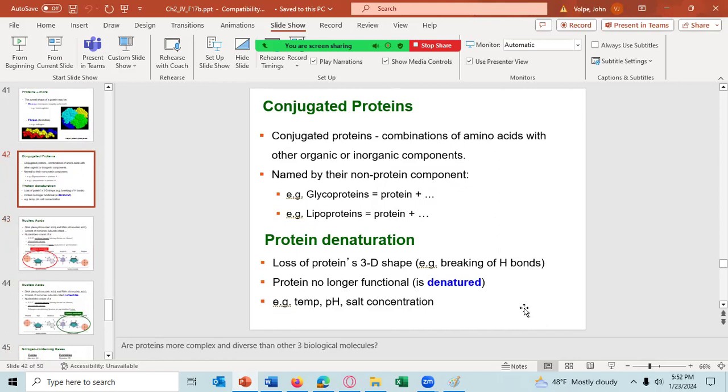An example of a denatured protein is when you crack an egg and the egg white comes out. That liquid egg white is mostly albumin, and that protein is not denatured. You then cook the egg and you get the egg white.